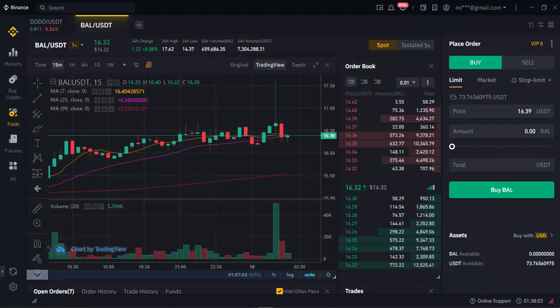Here exactly is the 24 hours volume of BAR traded.